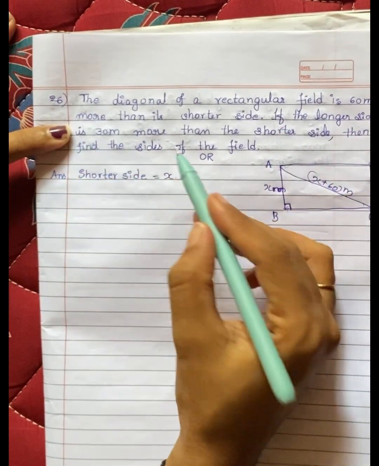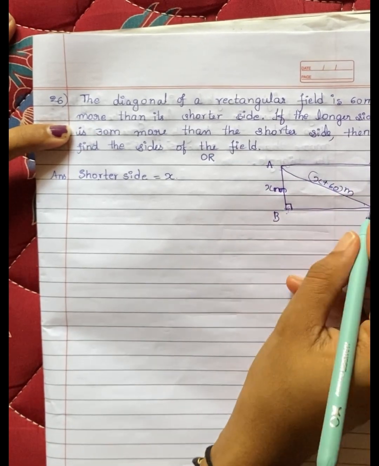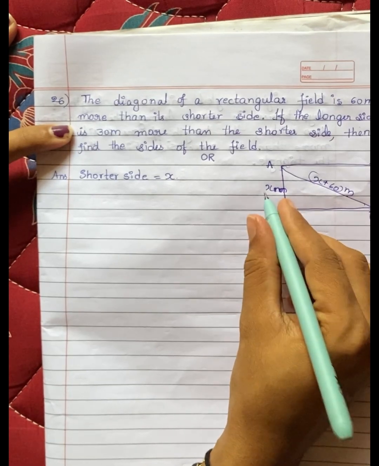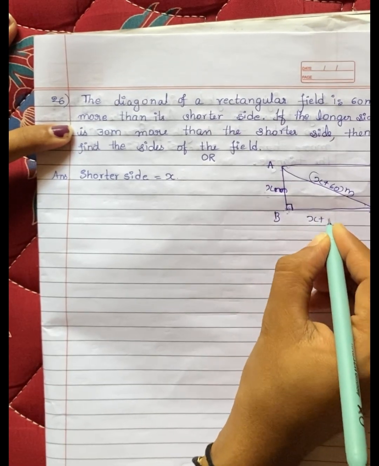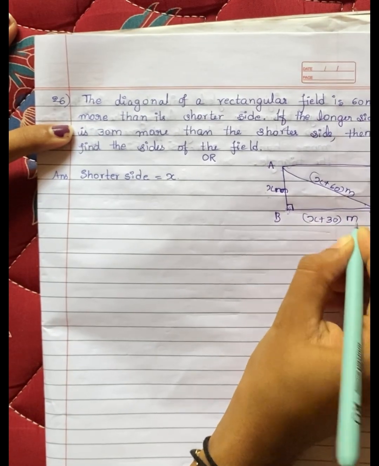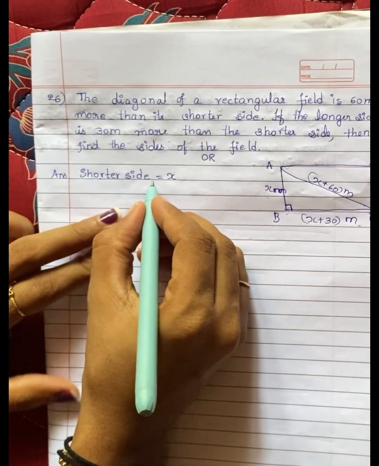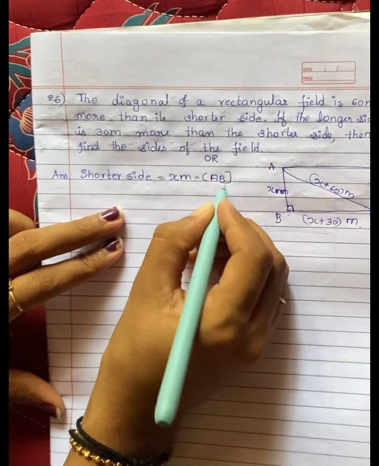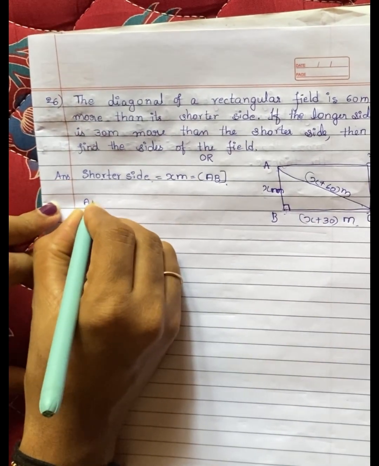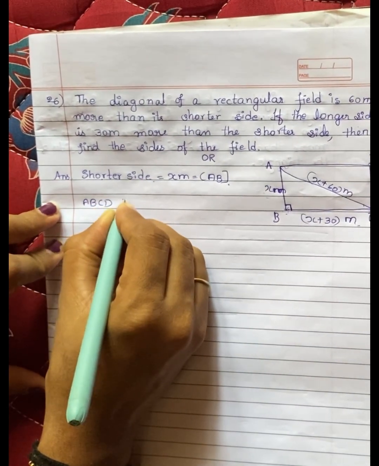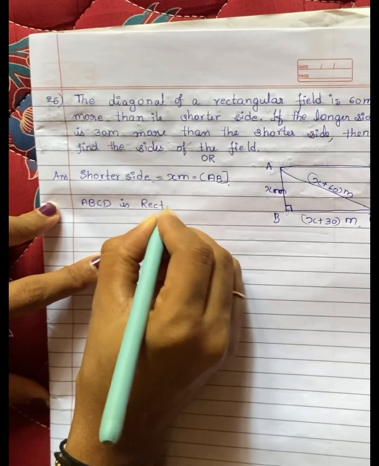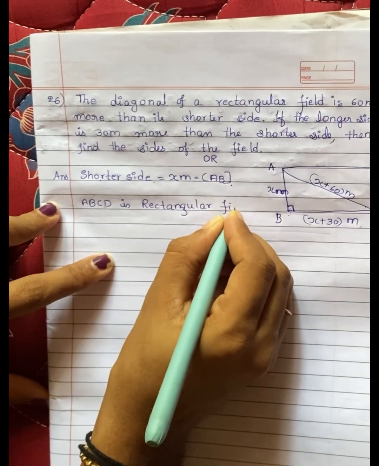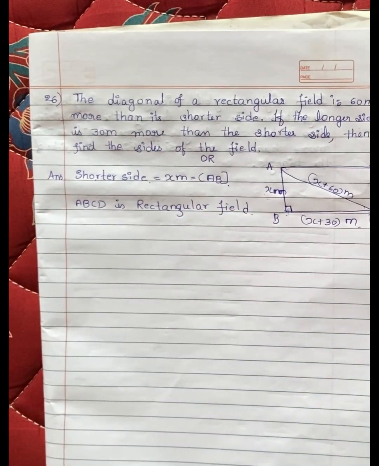If the longer side is 30 meters more than the shorter side, that means BC is the longer side. It is 30 more than the shorter side, whereas the shorter side is x, so that is x plus 30 meters. The shorter side x meters is side AB, and ABCD is a rectangular field.